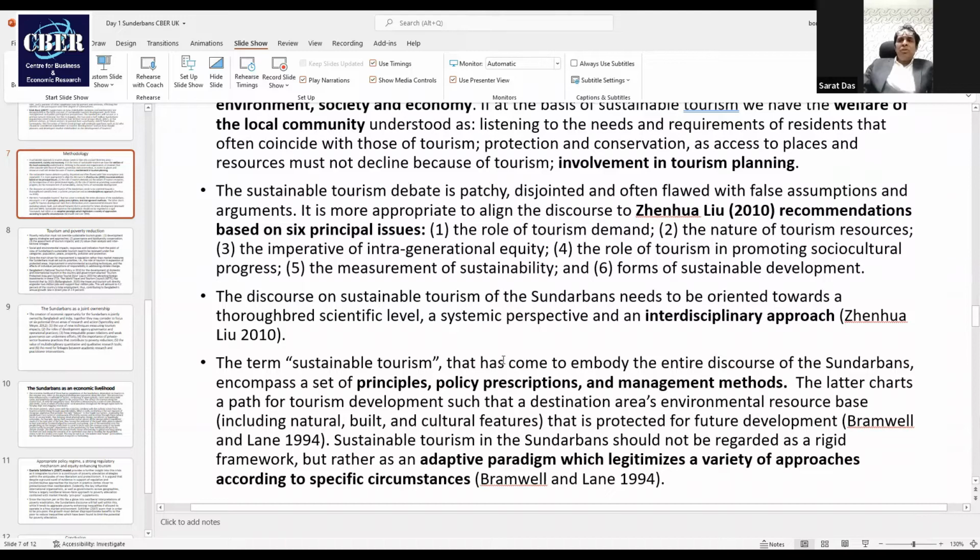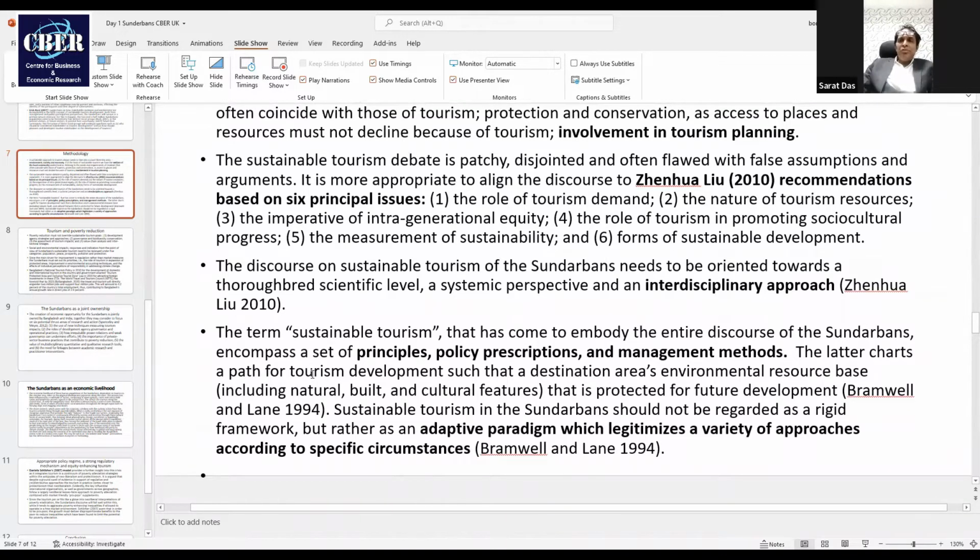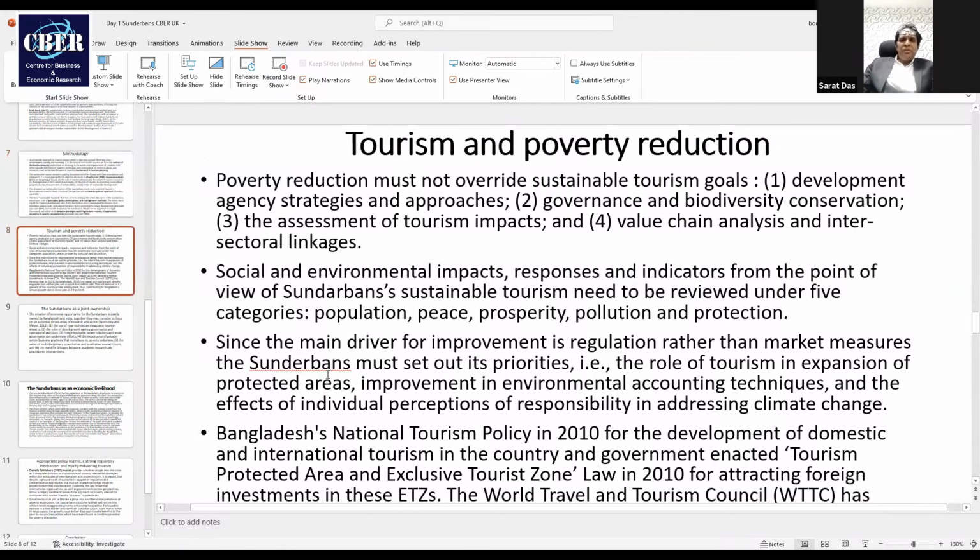So sustainable tourism discussions, whether we are talking about principles, policy prescriptions, or management methods, all need to be oriented towards an interdisciplinary and cross-disciplinary approach. That is something that would make the Sundarban more sustainable, and rather than putting it under a very rigid framework, it has to be a very adaptive framework, a paradigm which can legitimize the various approaches according to specific circumstances.